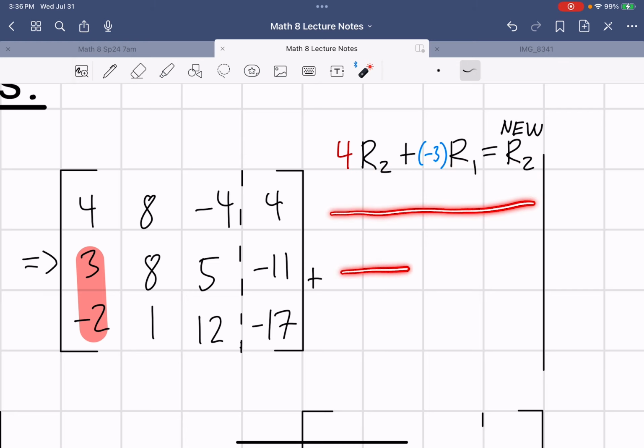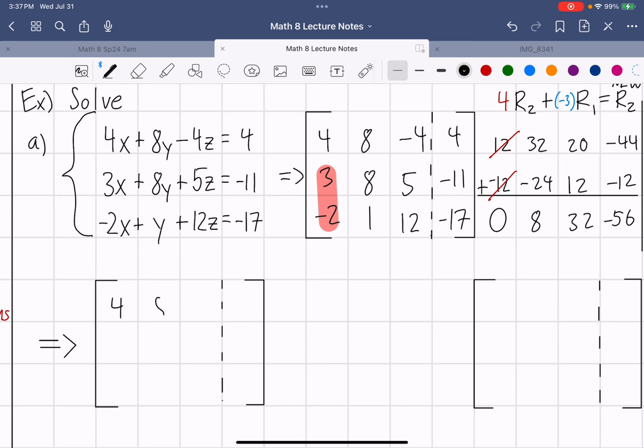And that's what I'm going to copy into this new matrix. Sometimes I like to update it. So my first row is still the same, right? -4, 4. But then I input my new row 2, just to keep track that I'm doing everything. It might be a little extra step, but it does help keep track of things.